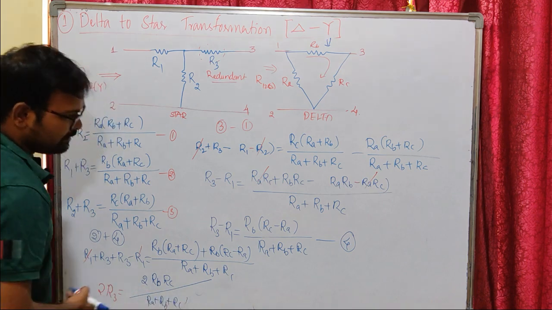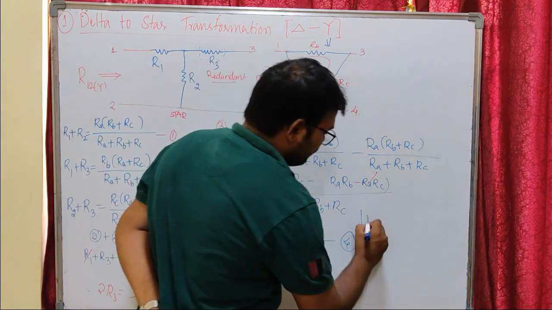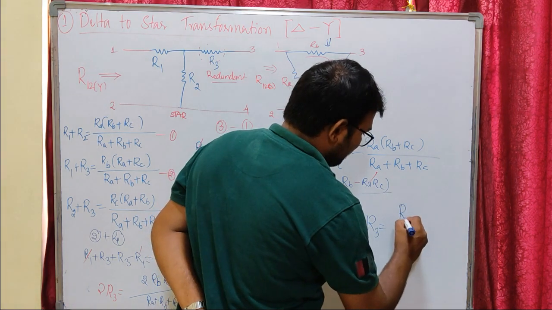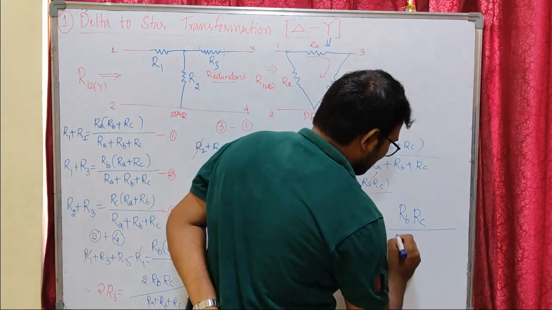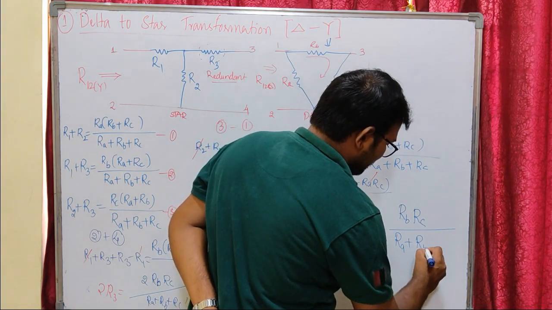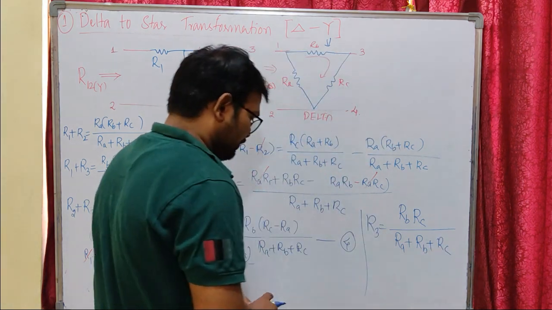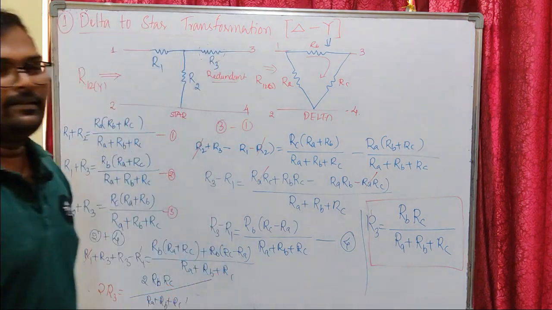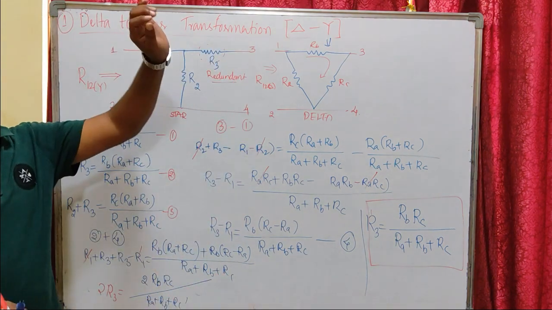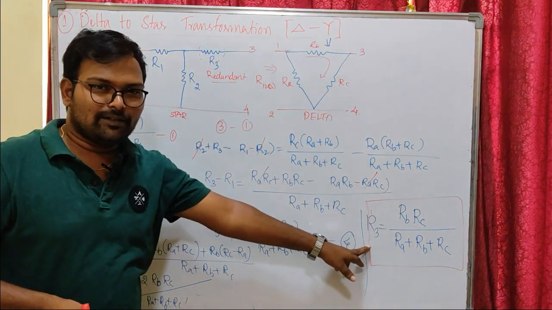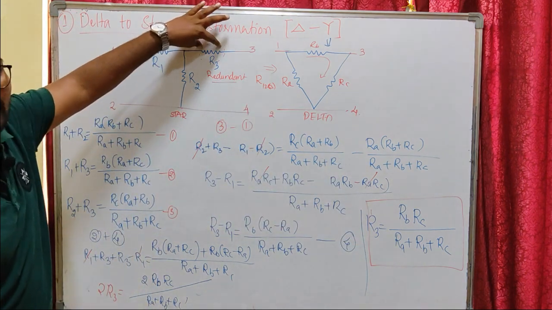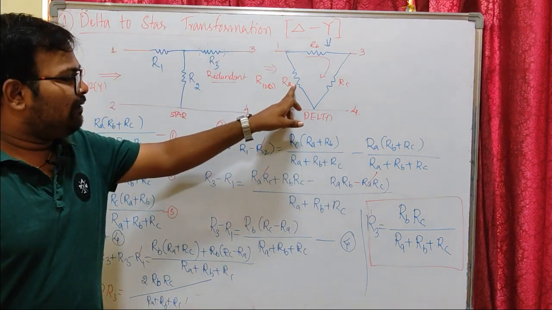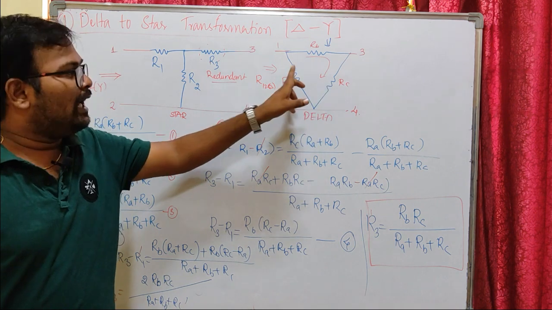If you rearrange this, we get R3 equal to RB RC by RA plus RB plus RC. So this is what you need to remember, the expression for resistor R3 in star in terms of delta resistors.